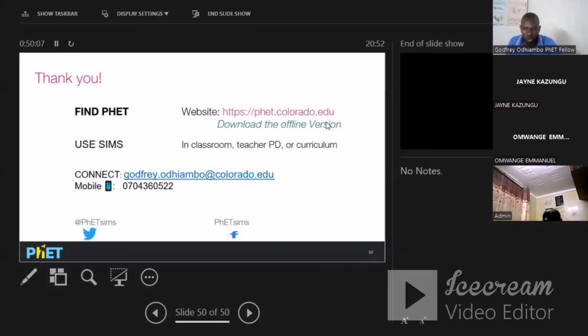So download the offline sim. The offline version will help so that when you are in an area where the internet is low, you can access the sim and utilize it well. Any concern, any problem trying to access the simulation, you are free to contact me either through my email or my phone number. I'm always available at your call.